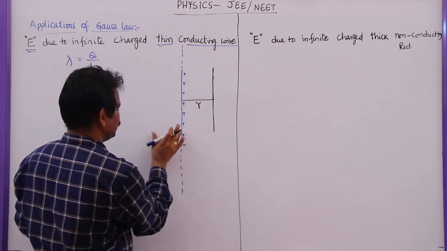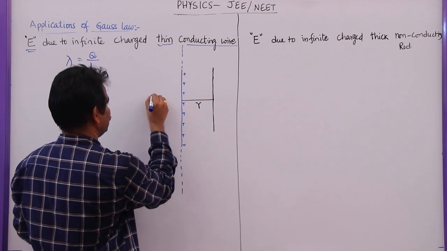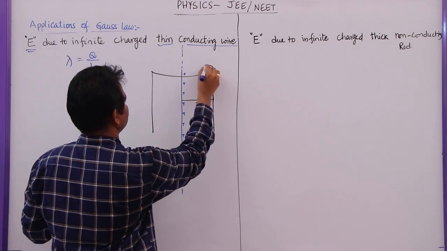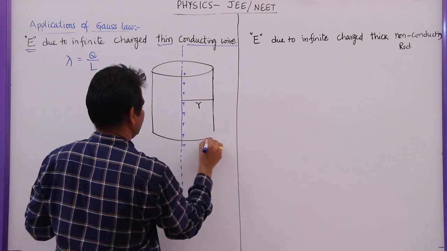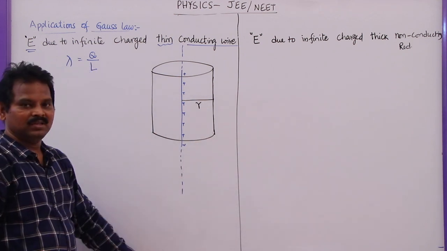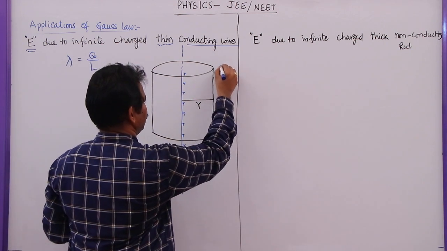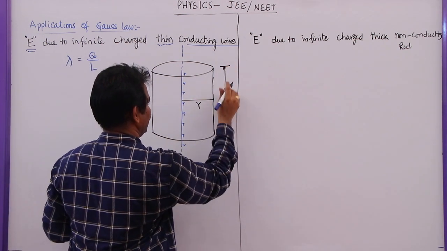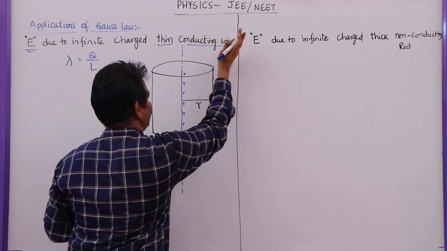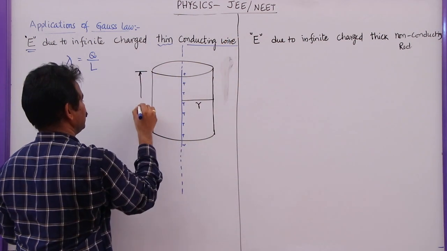Similarly on the other side also you take this one and enclose this. So here I consider a cylindrical Gaussian surface of radius r and length L. So here the height or the length of this one, let me take this as L.